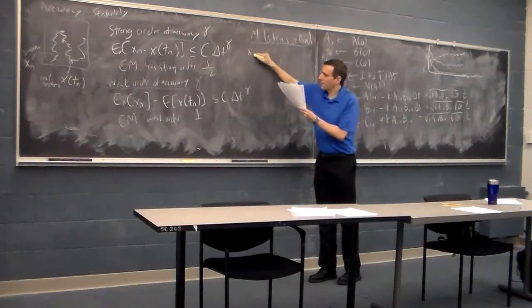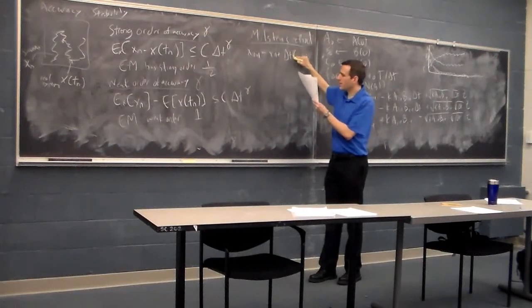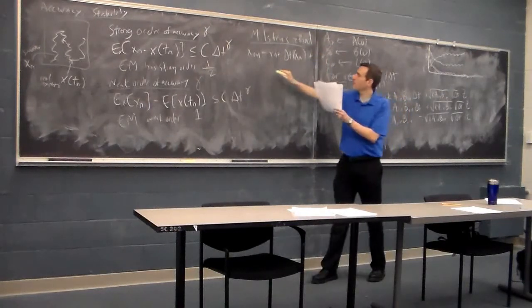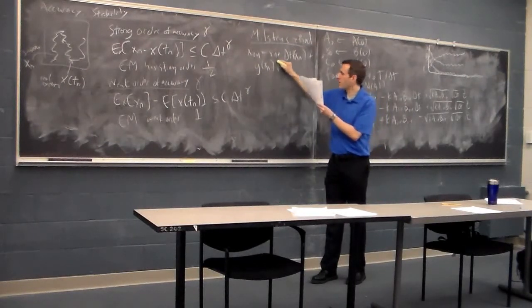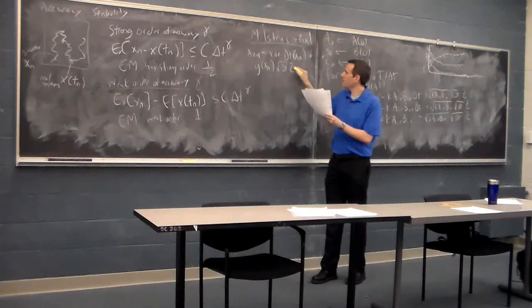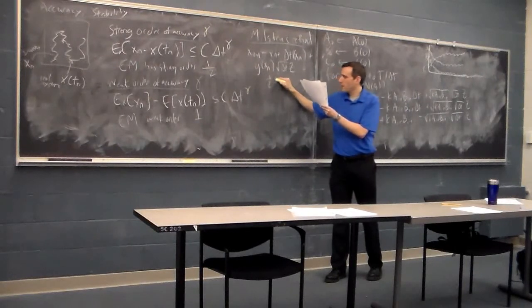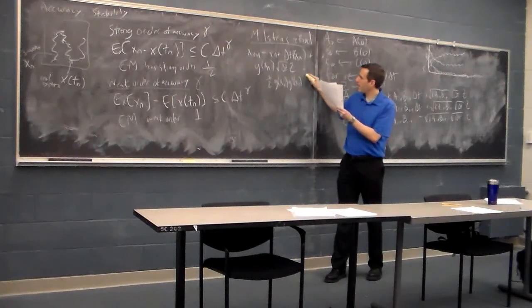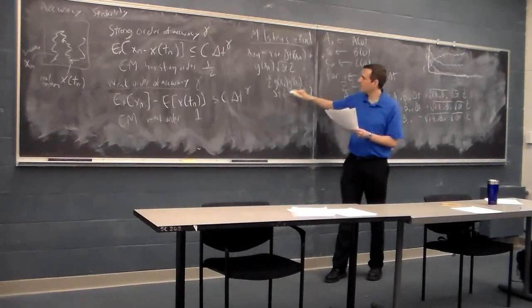It says x sub n plus 1 is x sub n plus delta t f of x sub n, where f now is the deterministic part, plus g of x sub n, which we're assuming is the stochastic part, times square root of delta t times a normal random variable z, plus a correction term, 1/2 g of x sub n, g prime of x sub n, times delta t, z squared minus delta t.